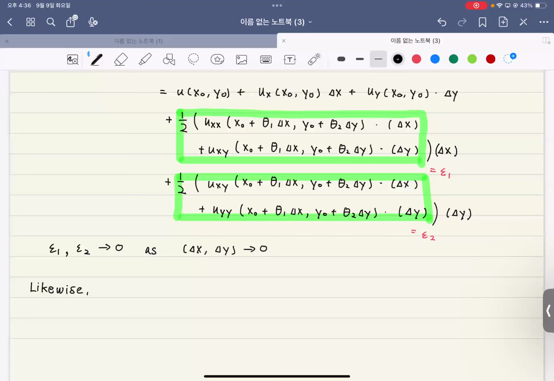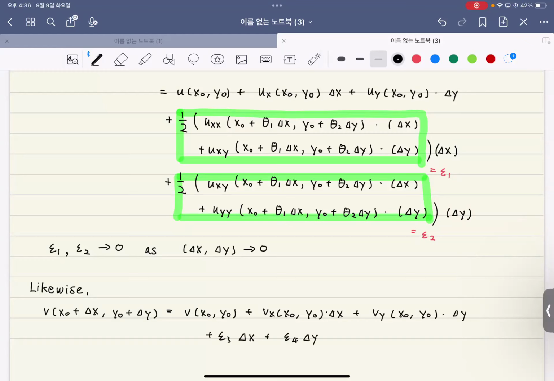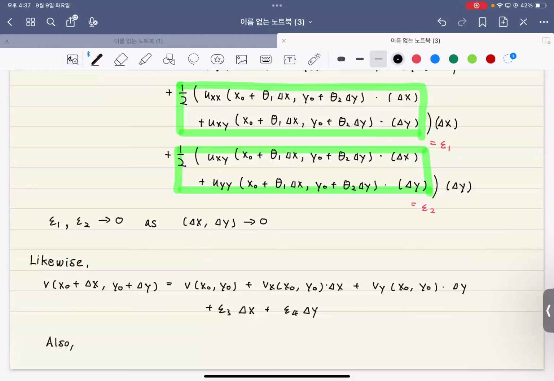So likewise, we can find functions epsilon 3 and epsilon 4 such that v(x0 + delta x, y0 + delta y) is v(x0, y0) plus v_x(x0, y0) delta x plus v_y(x0, y0) times delta y plus epsilon 3 delta x plus epsilon 4 delta y, such that epsilon 3 and epsilon 4 go to 0 as delta x and delta y go to 0.